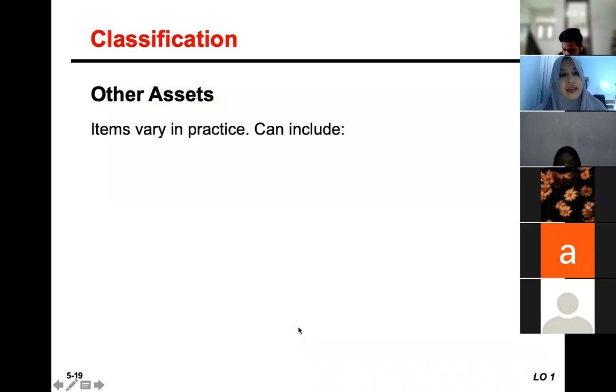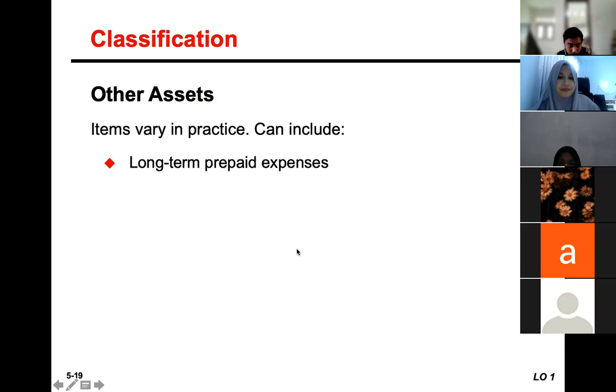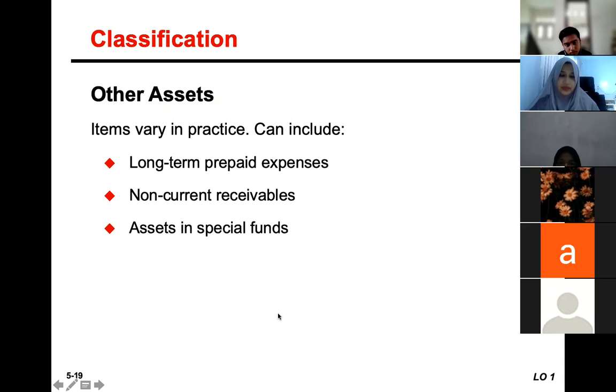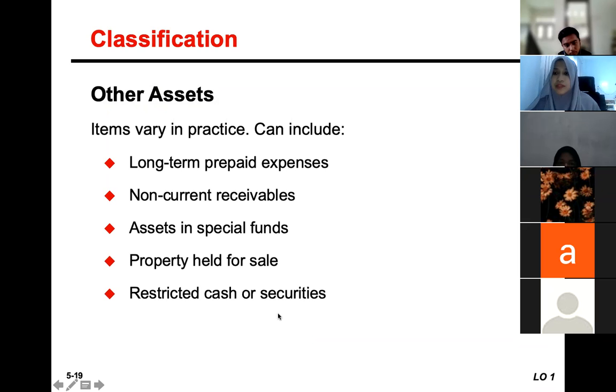Other assets depend on the company's nature of operation. It may be long-term prepaid expenses, non-current receivables, asset in special fund, property held for sale. It could be various types of other assets, restricted cash or securities.